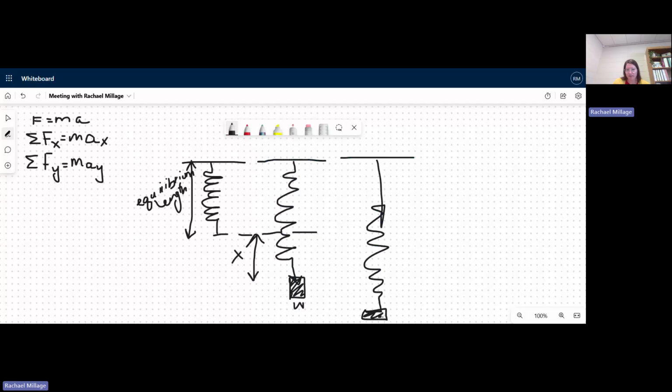So if this weight is 2w, this length here is 2x. Through experimentation, this guy with the last name Hooke figured out that the weight and the amount that the spring stretches correlate to each other.